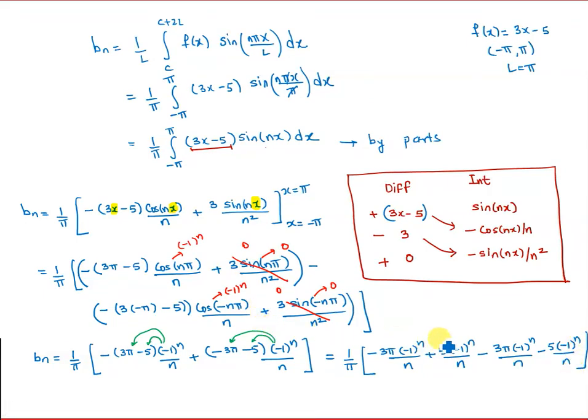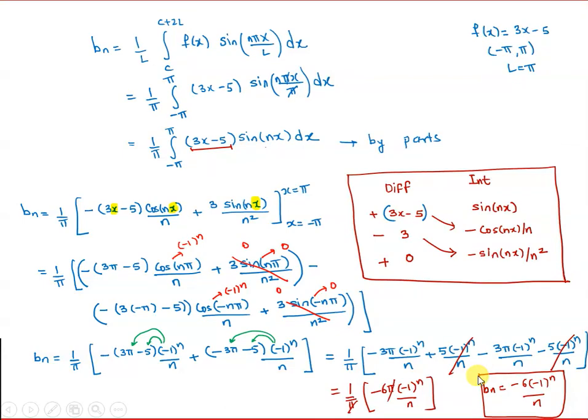Okay, some terms cancel here. We can see that this term cancels with this, and these two terms are the same with negative sign. So it will give you 1 over pi, minus 6 pi minus 1 to the power n over n. We can cancel pi with pi. So you get the final value of Bn as minus 6 minus 1 to the power n over n. This is the final value of Bn.